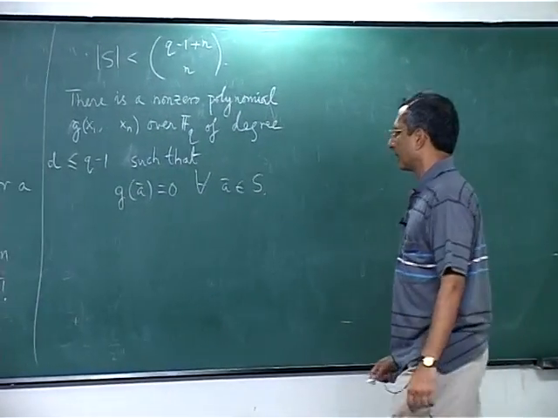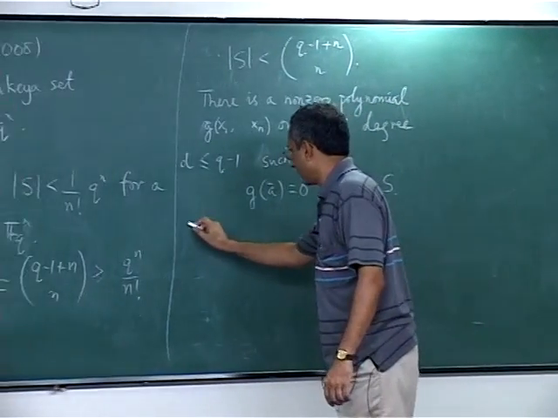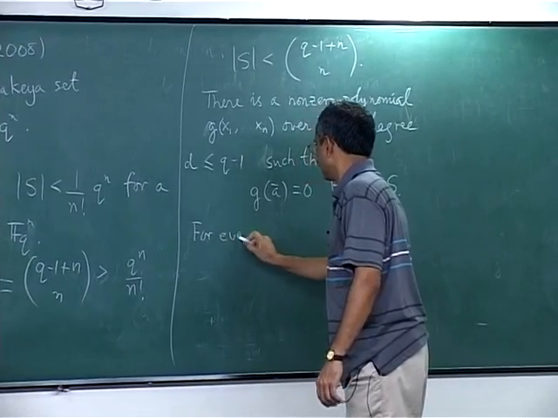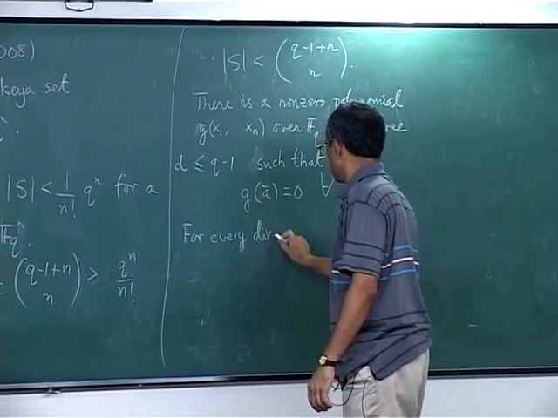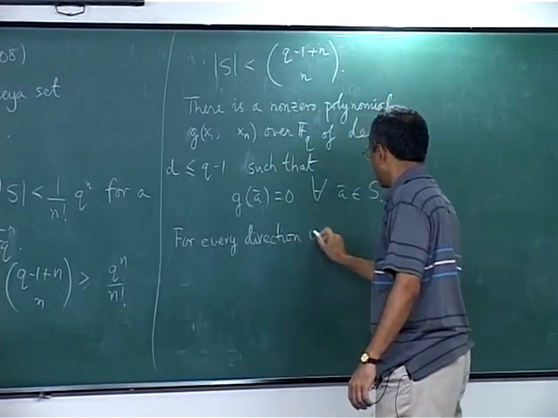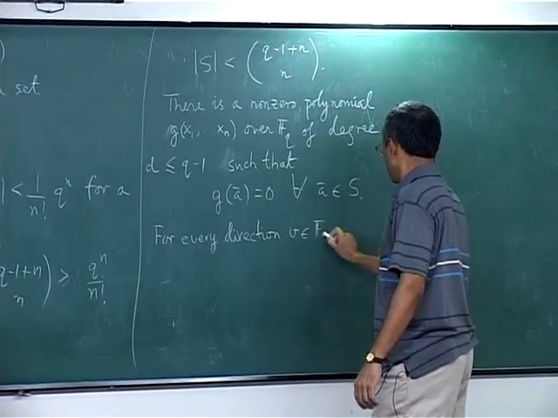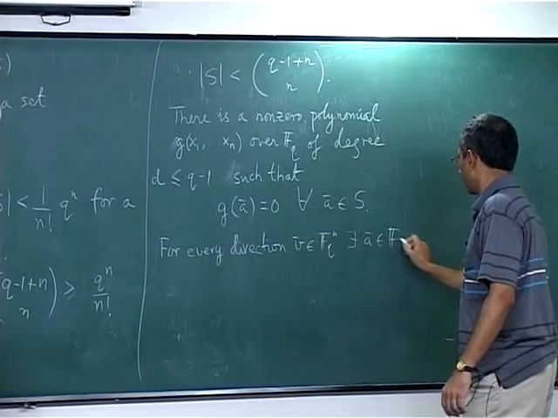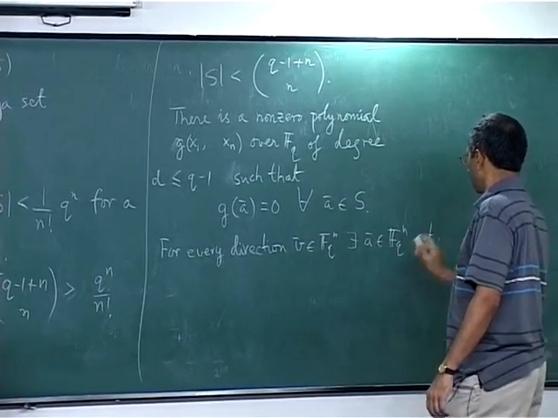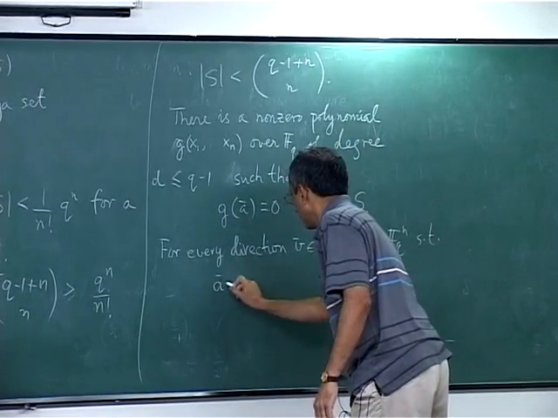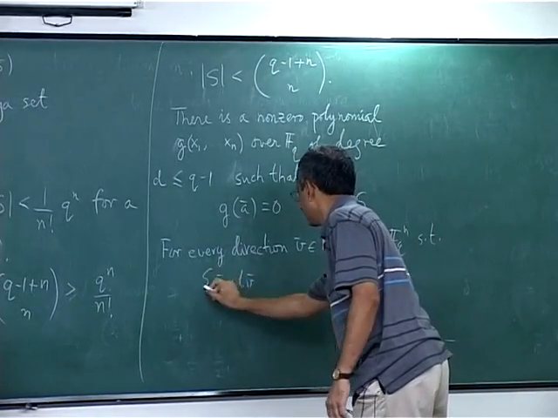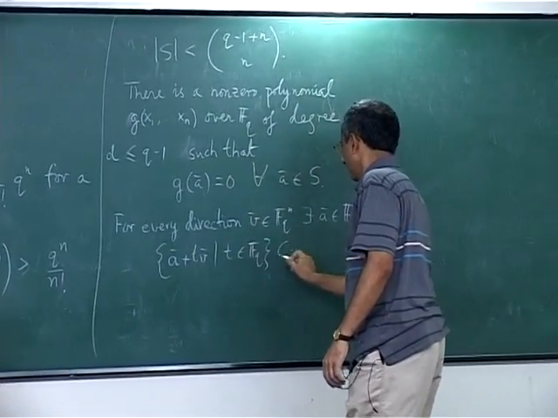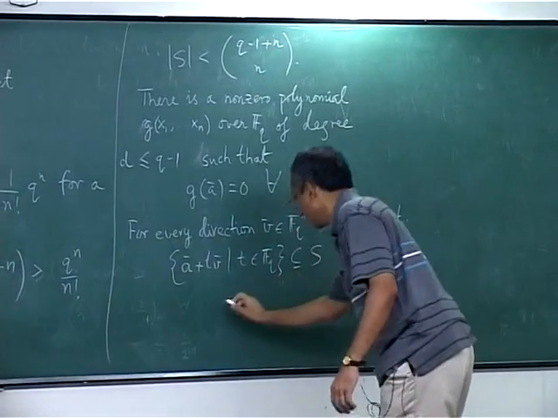Okay. So what we know is that for every direction V bar in Fq power n, there exists an A bar in Fq power n such that A bar plus T V bar, T in Fq, is contained in S. Sorry, I just repeated what is already there.